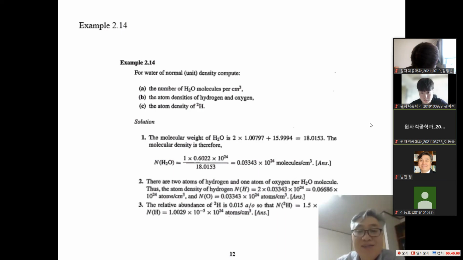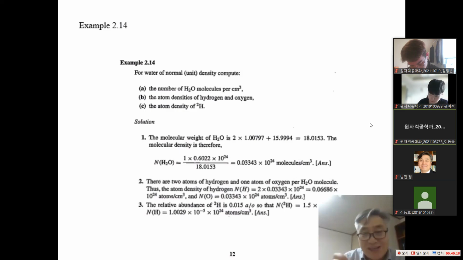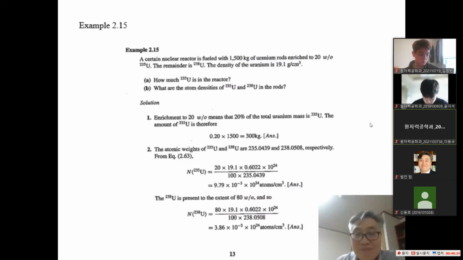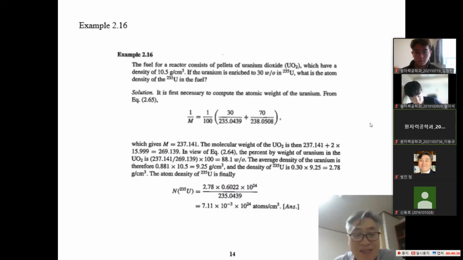Just read it and rewrite it by hand, and submit it at the same time as the previous homework. Okay? Now let's call it a day.